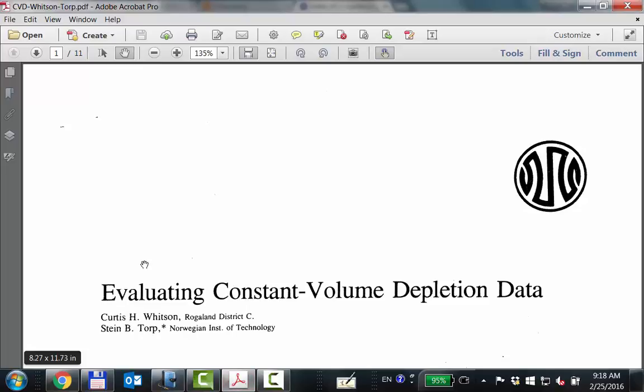So in this paper, which I recommend that you do read, it talks about the topic today, the constant volume depletion test. It talks about the black oil PVT tables and methods, which is kind of a short version of Chapter 7. Probably all you need to know is in this paper here.